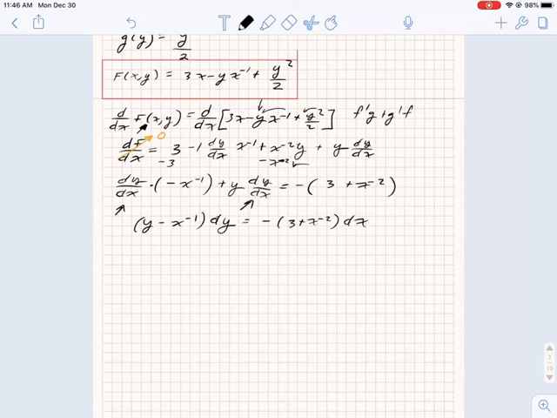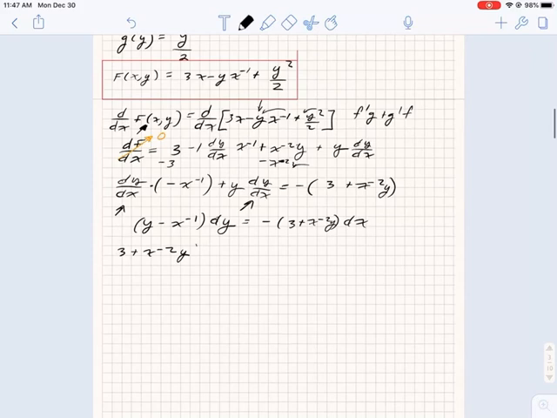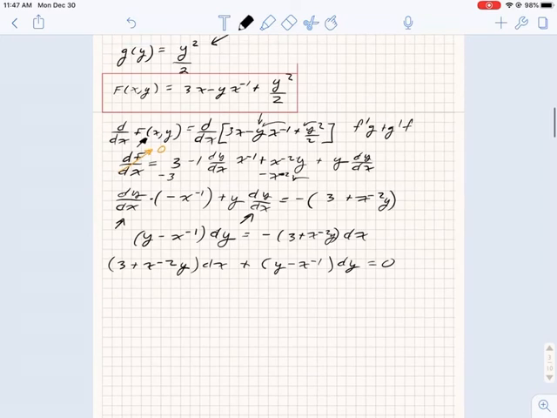Now adding 3 plus x to the negative 2 y dx on both sides, we'll get 3 plus x to the negative 2 y dx plus y minus x to the negative 1 dy is equal to 0. So it's very easy to make mistakes here.